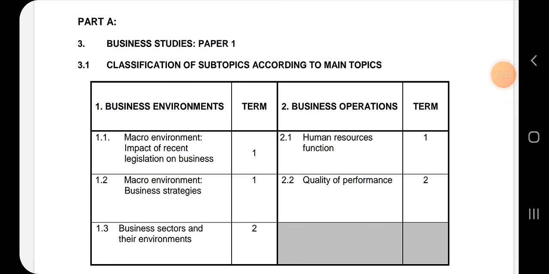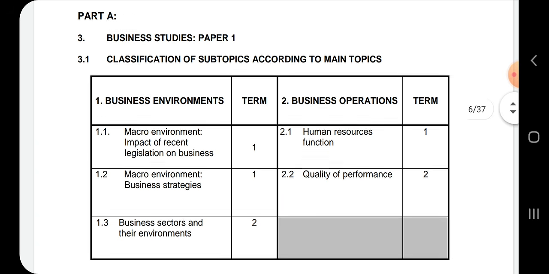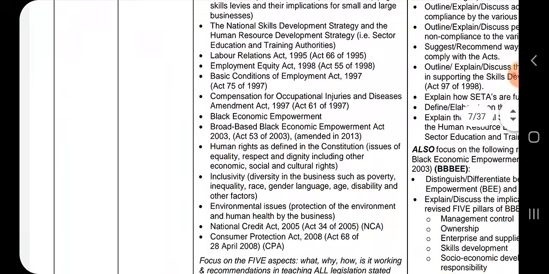So these are the topics for paper 1 that you have to know. So for paper 1, you have to know essays on these topics. If you're asked to write any essay on these topics, you should know them for paper 1.